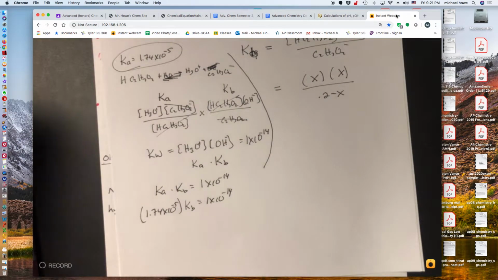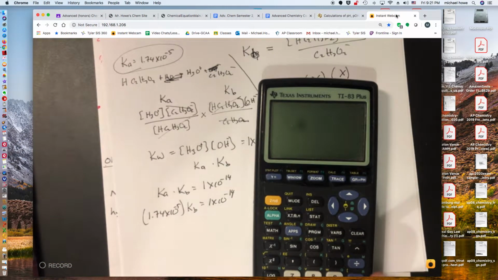And then you're ready to do the math, so pull a calculator out. So we would have 1 times 10 to the negative 14th divided by 1.74 times 10 to the negative fifth.